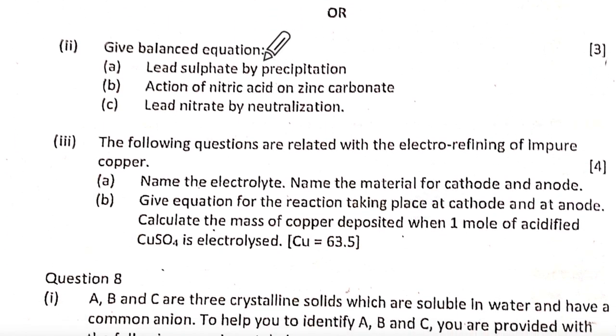They are telling us prepare lead sulfate by precipitation. So I will write PbSO4 and put a downward arrow. I know that this is insoluble because of PCBA. Therefore, it will be a precipitate.